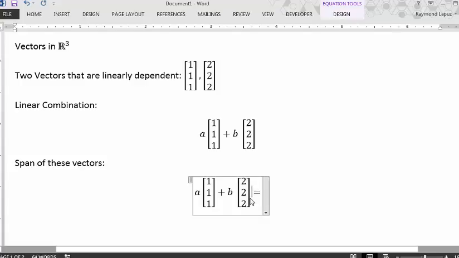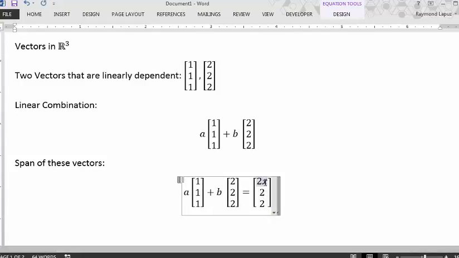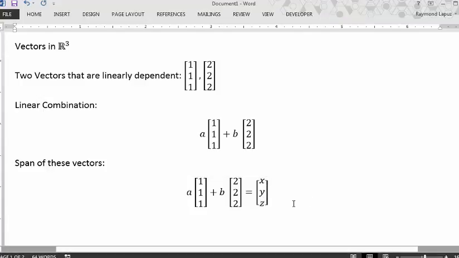So one way to describe that could be: what kind of vectors x, y, z can we get by writing the linear combination of those two vectors? Okay, so we're interested in x, y, z.